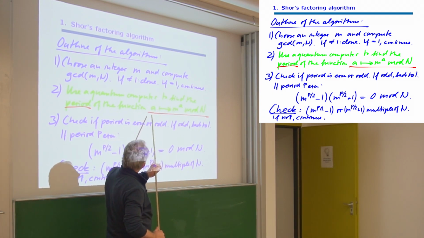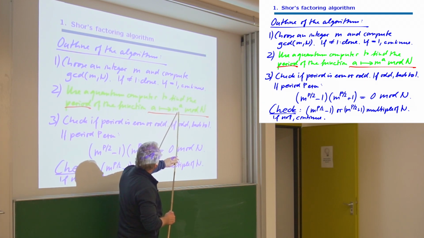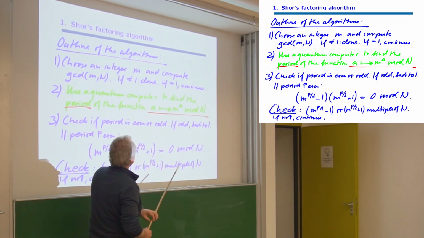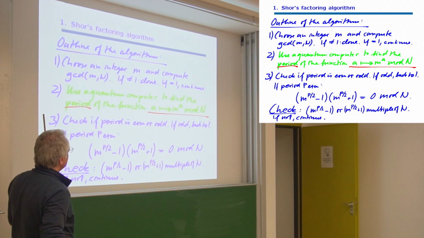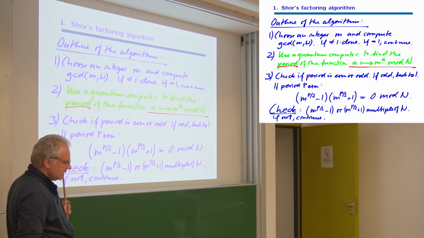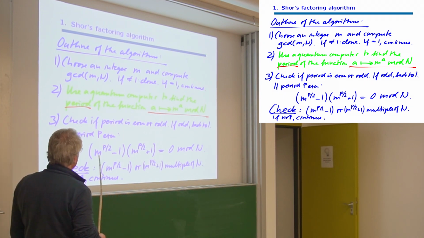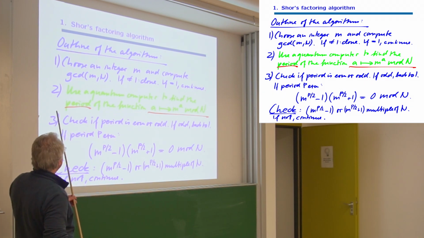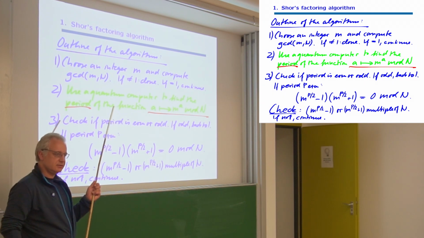This mapping a to some integer exponentiated with a, modulo n, is a periodic function, and the goal will be to find the period of that function. Let's see how a quantum computer can help with that, but before that, let's see how this is embedded into classical steps.